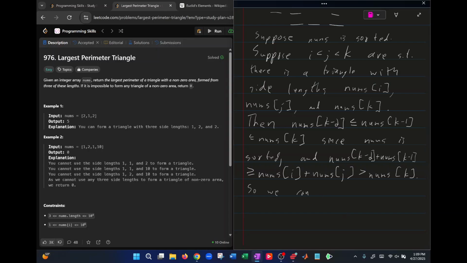So we can form a triangle with side lengths from these two values.